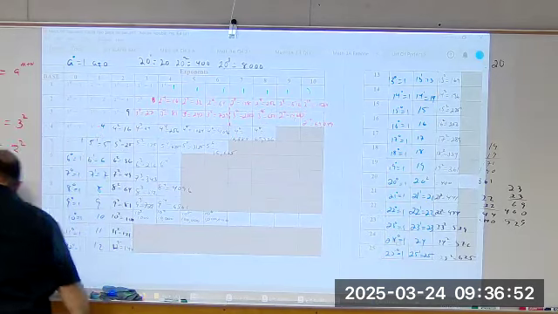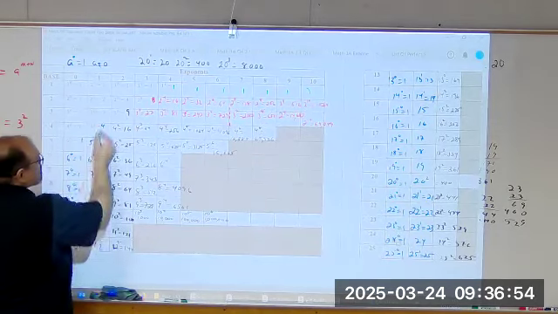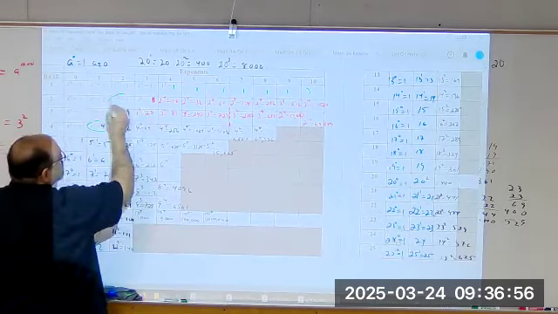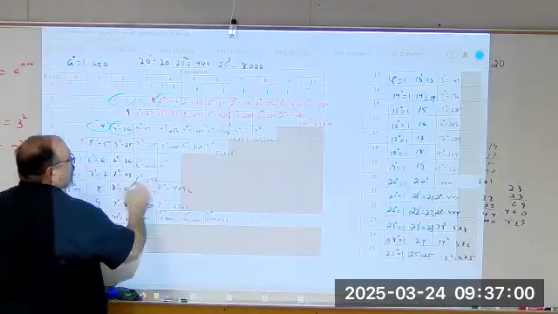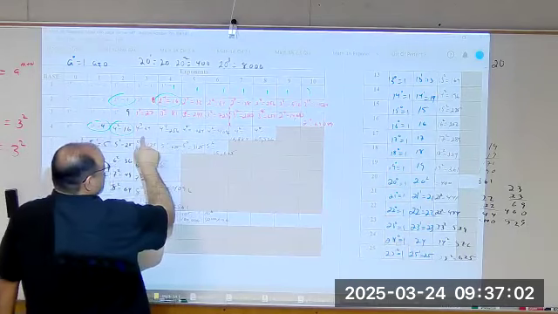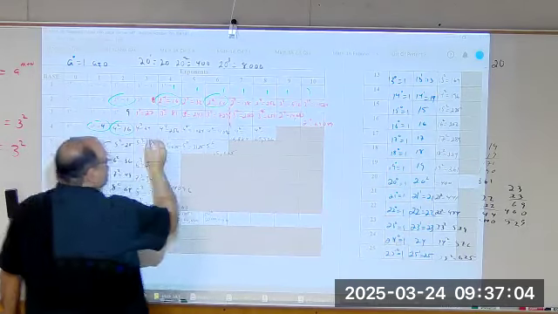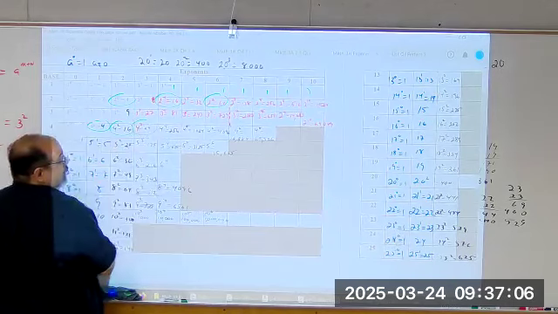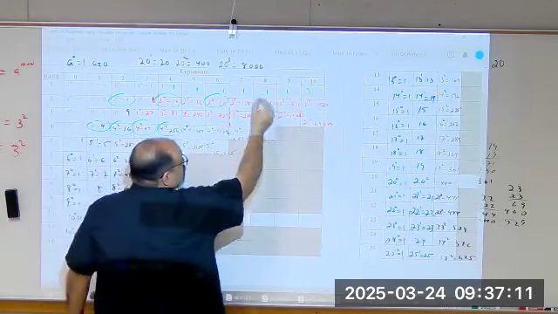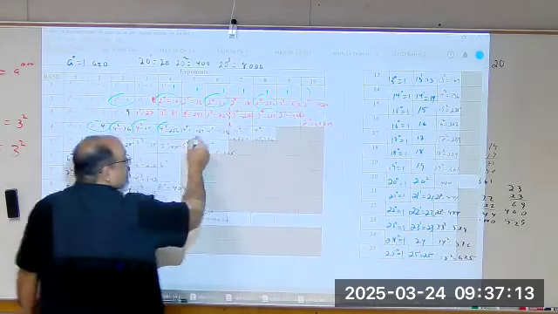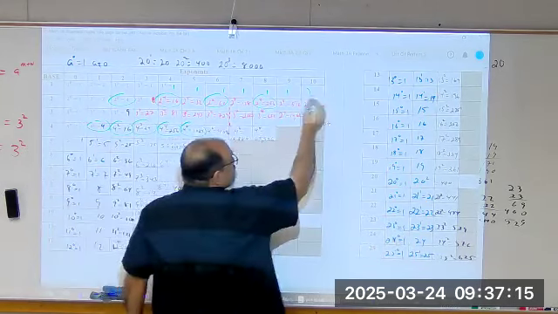We have a 4, so does 2. We have a 16, so does 2. We don't have a 32, but we have a 64, so does 2, so does 4. We have a 256 here, so does 2. We have 1,024, and so does 2.